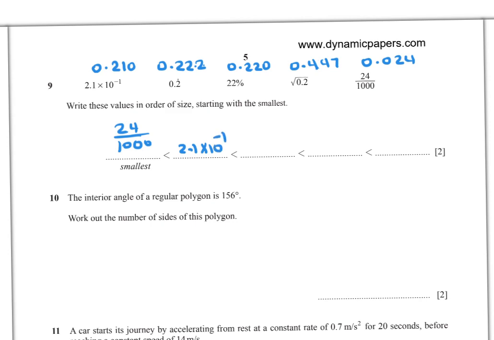Next, the next one, 22%. Now we have 0.2 and 0.4, so the recurring decimal, 0.2. And the last one, square root of 0.2.